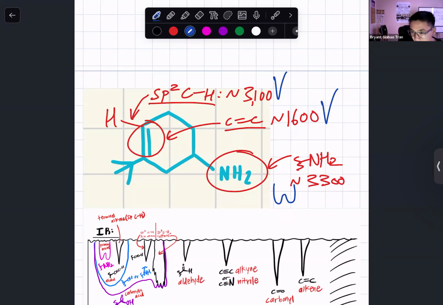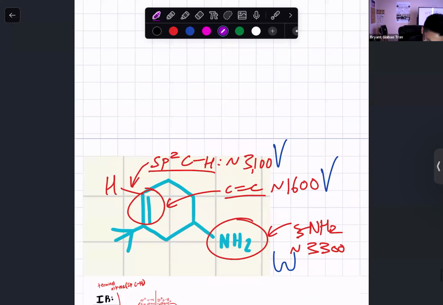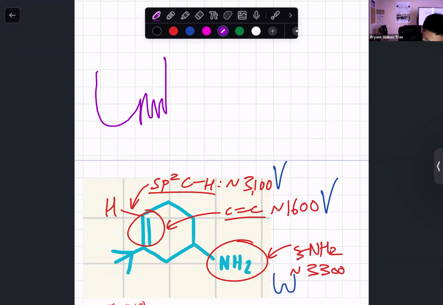The only rounded peaks are NH2, OH, and NH, or a broad peak. Another broad peak would be a carboxylic acid, but that goes crazy. It goes to 3300 and merges with the 3000 peak. That's the carboxylic acid, and you're going to see that at the beginning of 118C.